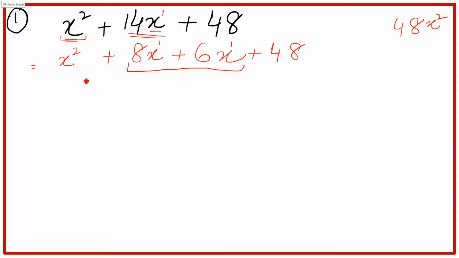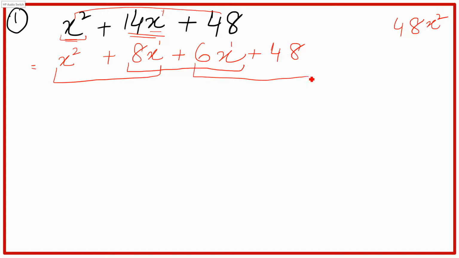I said when I multiply these two terms, the answer should be 48x square, but this is not always. You have to multiply the first and last term. So the product of the first and last term is 48x square. That is why I said I have to write 14x in such a way that when I multiply those two terms, I should get 48x square. Right? Okay.